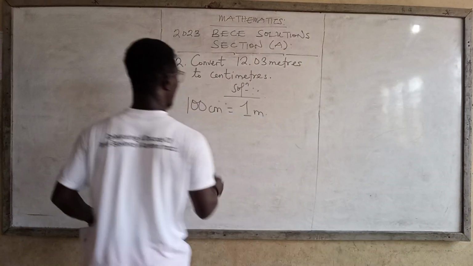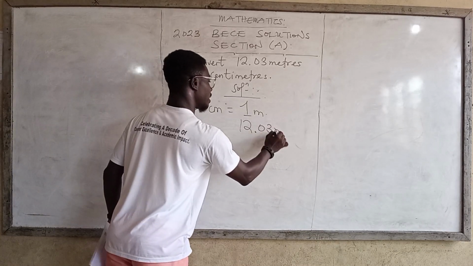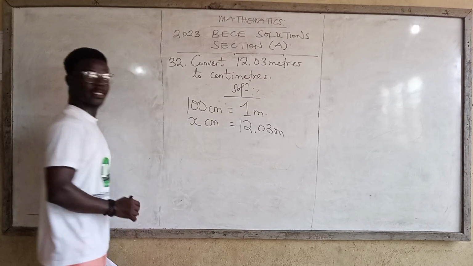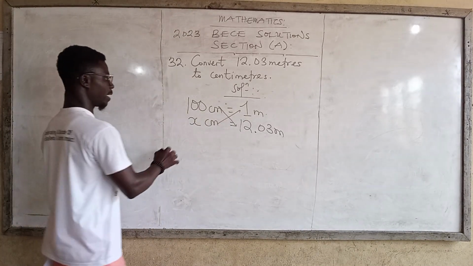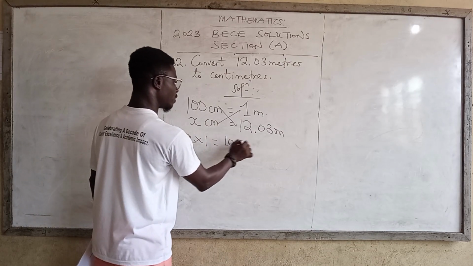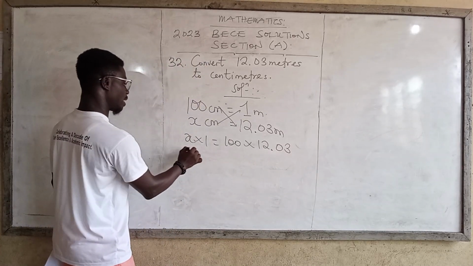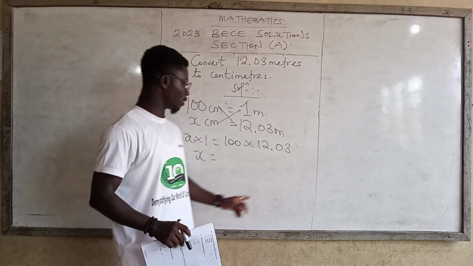So if I have 12.03 meters, what can I say? It will be equal to x centimeters, right? So you can cross multiply. So I have x times 1 is equal to 100 times 12.03. So x equals 100 times 12.03.